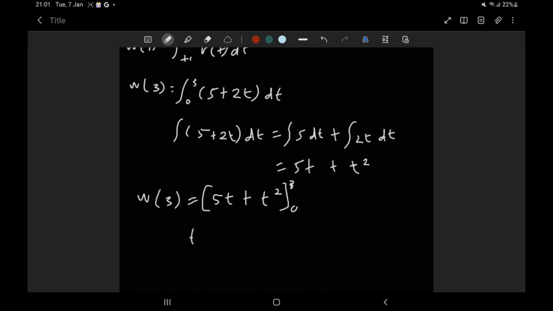Substitute t equals 3, and it becomes 5 multiplied by 3 plus 3 to the power of 2, which is equal to 15 plus 9, and the answer is 24.